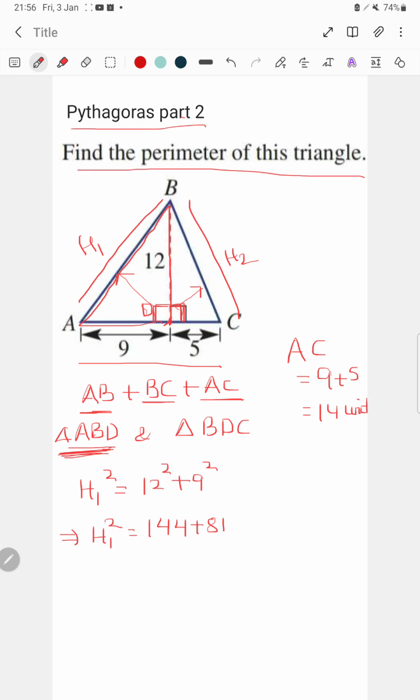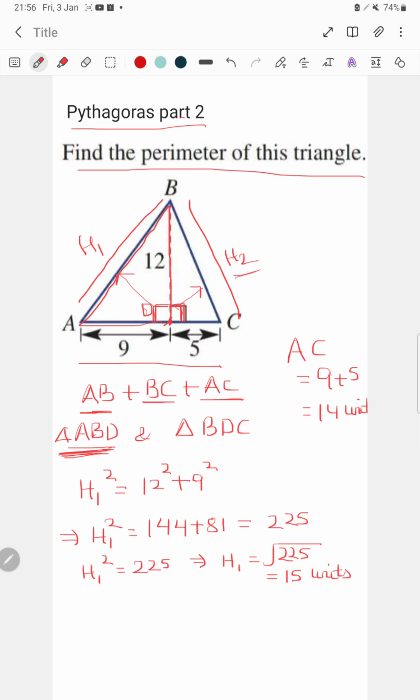If you are good with finding squares and square roots of numbers, let's say 1 square, 2 square, and so on up to 20 square, it will really help you. So this is going to be equal to 225. So H1 square is 225, and to find H1, that will be the square root of 225, which is equal to 15 units.